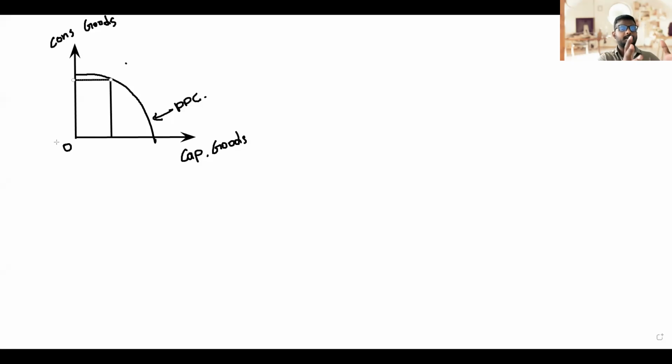So you can see here, this country right now, I have marked the point where we produce a huge quantity of consumer goods and only a little capital goods. If a country does this, what do you think? Does it have a very big, huge growth potential or not?